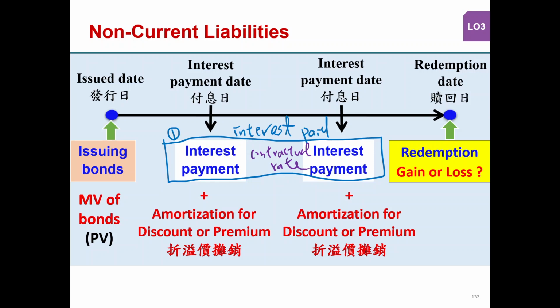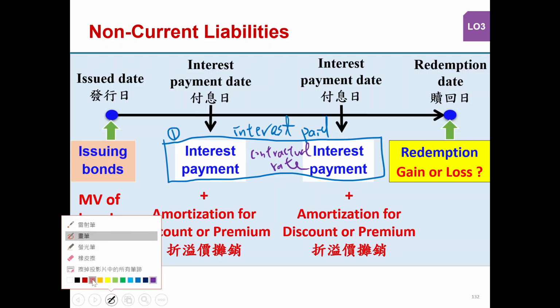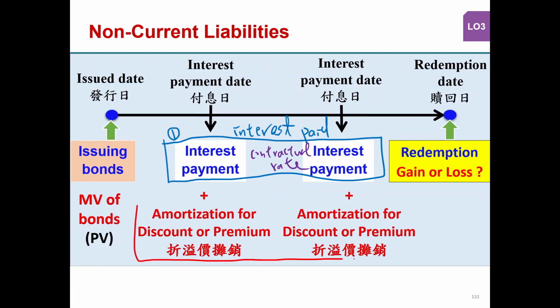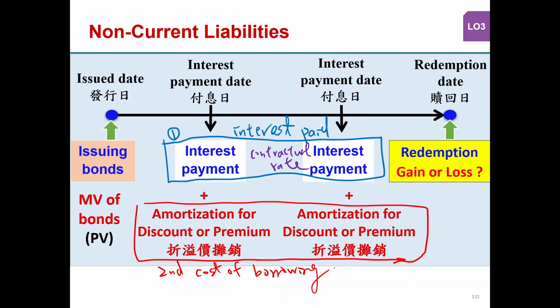But don't forget, we have a second cost of borrowing, right? So our second issue is we want to consider our second cost of borrowing right here. So that's our second cost of borrowing. Okay, so we want to talk about that.